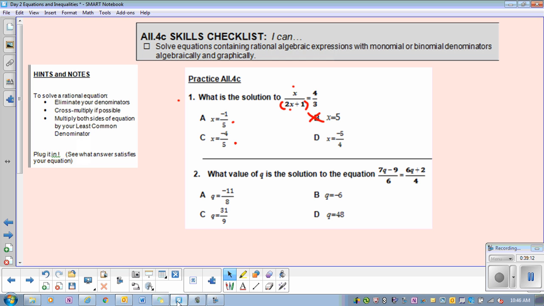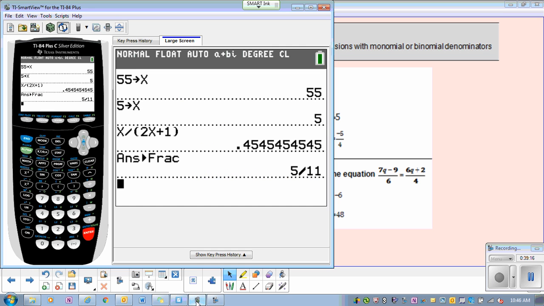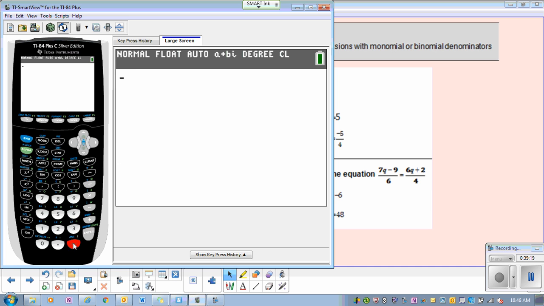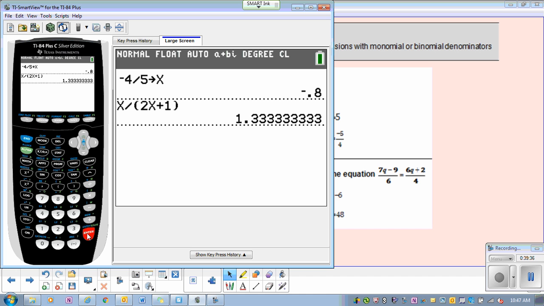Which one should we plug in next? C? Let's plug in C. So -4/5 store it for x. And then let's plug in our question, x over 2x plus 1. Hit enter.